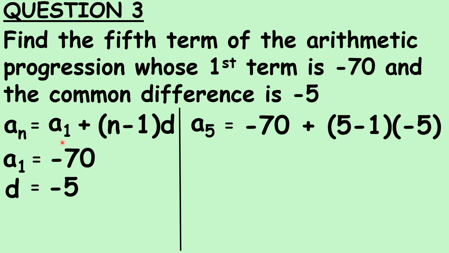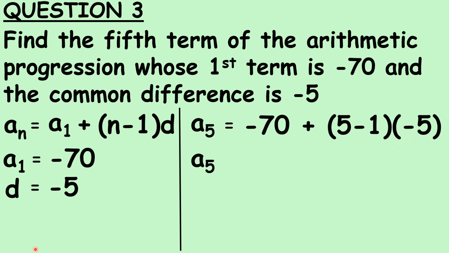We are simply substituting. A1 is minus 70. And then plus, we have our positive sign. Then times n minus 1. N minus 1 here. So what is our n? Our n is 5, because we are looking for the 5th term, so 5 minus 1, times the difference which is d, and our difference is minus 5. So let's simply simplify this. So in this bracket we have 4, 5 minus 1 is 4, and then 4 times minus 5 is minus 20.